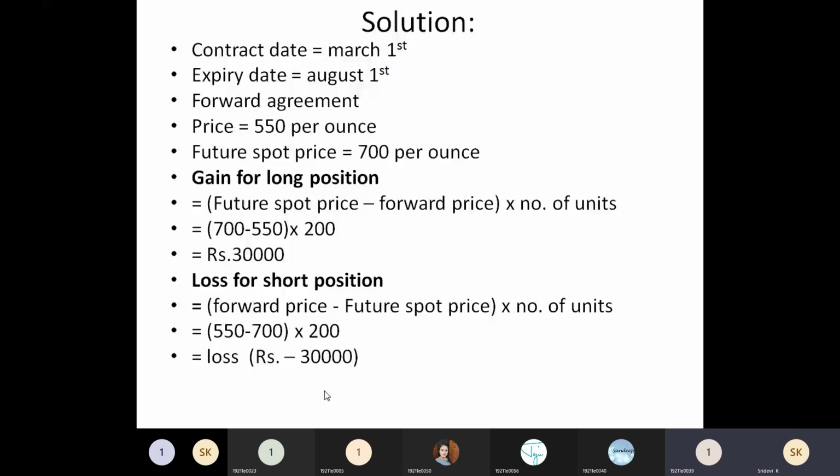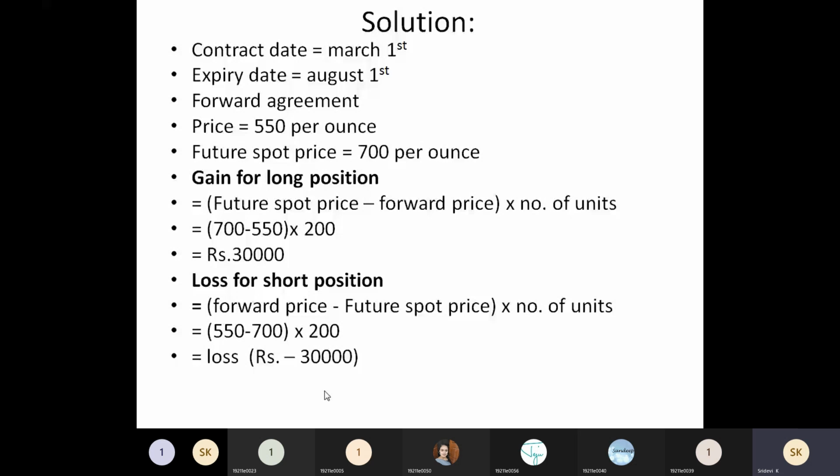Automatically the opposite party will be the loser, no? Yes, ma'am. So for the short position, you calculate the loss. What is the loss formula for the short position? Loss is equal to forward price minus future spot price, into number of units. 550 minus 700, into 200.